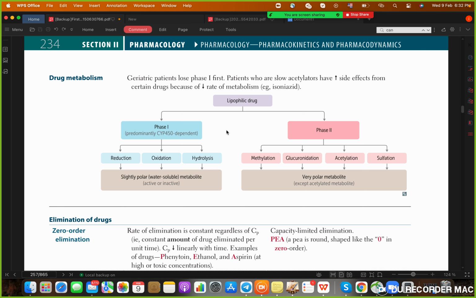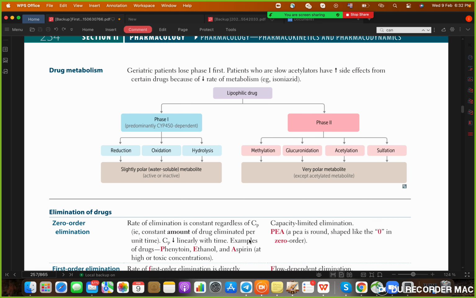If the process happens slowly, the amount of the substance inside your body is going to increase. If the process happens fast, the substance becomes water soluble much faster, which eventually clears it from the body much faster. So when cytochrome P450 is working really fast, the amount of substance inside your body decreases because it's cleared faster.